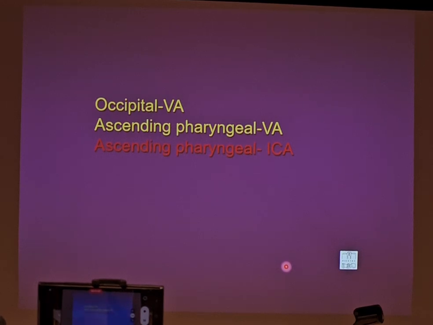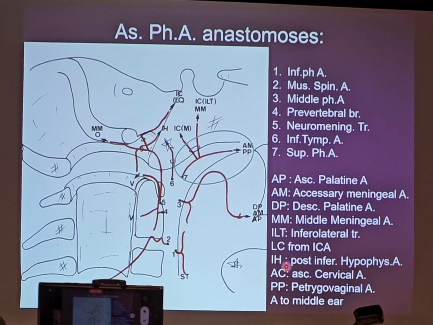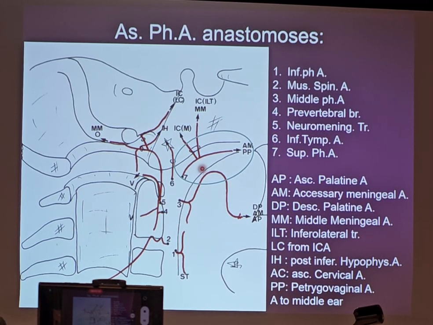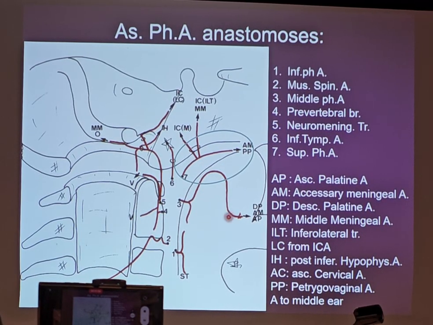The ascending pharyngeal is not connected very frequently to the vertebral artery, but you know that it has many anastomoses. They have many routes to anastomose with the internal carotid artery. You know that mostly the superior pharyngeal branch goes more into the pharyngovaginal and has the connection to the internal carotid system.